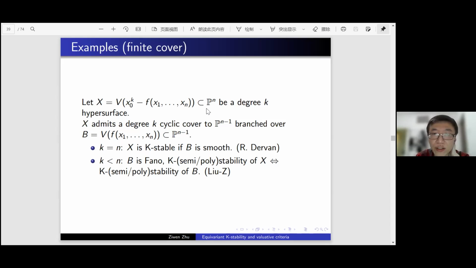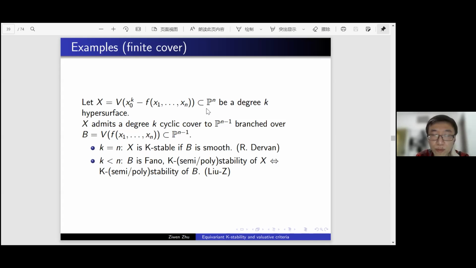But still, starting from fourfolds, we only know that smooth cubic fourfolds are all K-polystable.